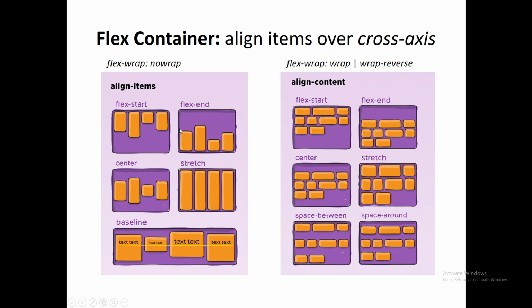We're going to have only one line of items. So if our flex wrap is set to no wrap, then we can do the following things with our items. We can either set them to the start, or we can set them to the end, or we can even stretch them to the full width of our screen. So let's go and try this out.